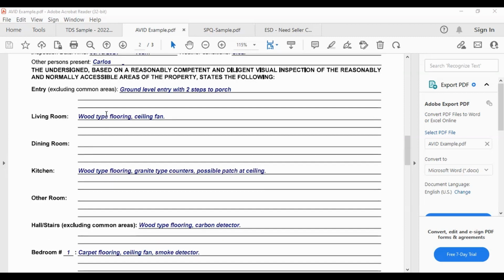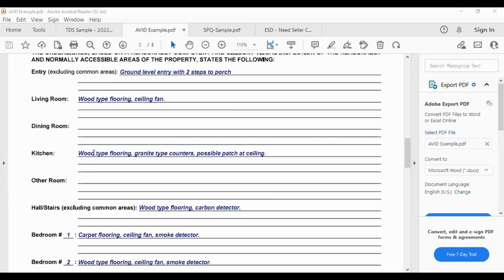If you don't see any damage in the room, like I said, just give a characteristic description. Same thing with the kitchen: wood type flooring, granite type counters, possible patch at ceiling. Is that a patch at the ceiling or a bad paint job? I don't know, but it looks like a patch, so I'm going to say possible patch.